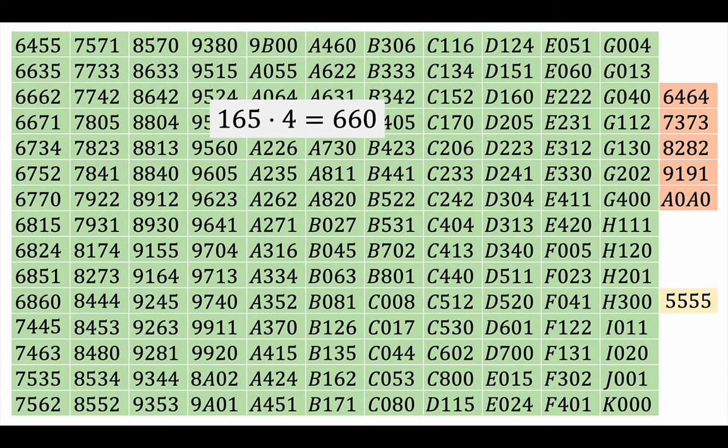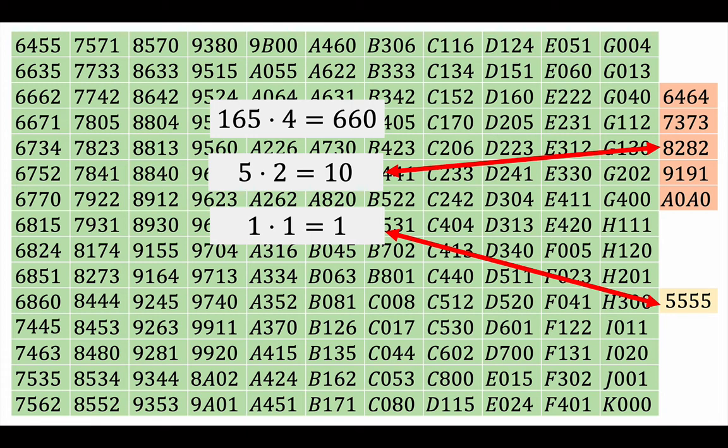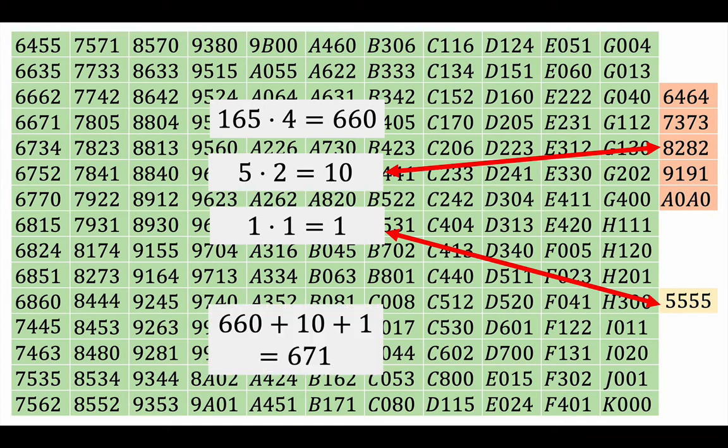Each will produce 4 siteswaps for a total of 660. On the other hand, in orange, we have those that are period 2 siteswaps repeated, and those only produce 2 each if you just move the first one to the back. And then 5555, no matter how many times you move a 5 from the front to the back, it's still only going to represent one siteswap. So there's our 671. Now let's generalize the argument about how to count siteswaps.